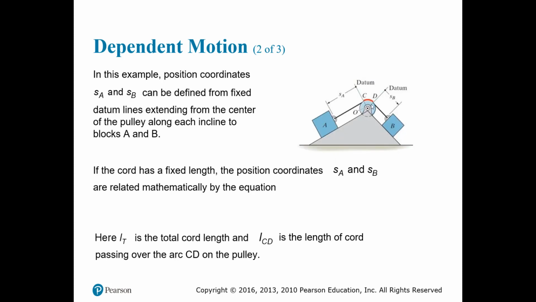In this example, as you can see, position coordinates SA and SB are defined from fixed points or datum lines.